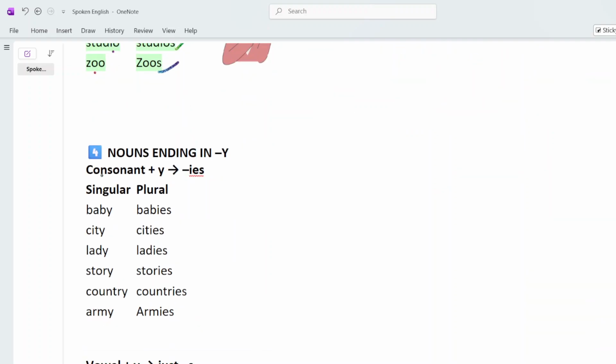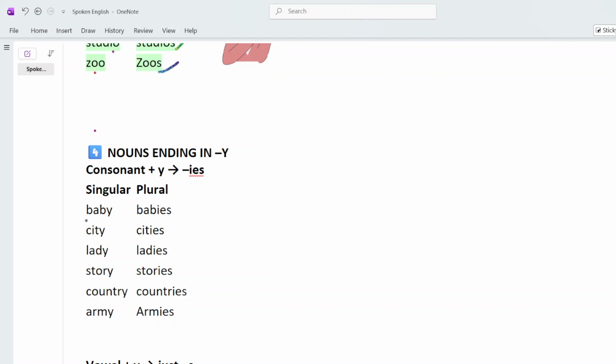Now, let's understand the fourth point for today. Again, a very important bullet point to keep in mind is that there are certain words in English that end in Y. They are regular words, but their singular forms take a whole new transformation. How? Look at the screen here.